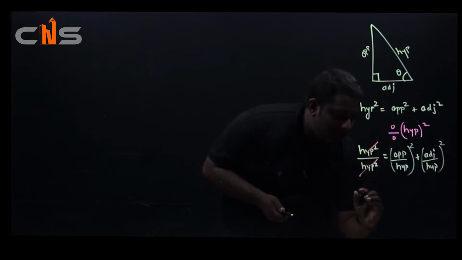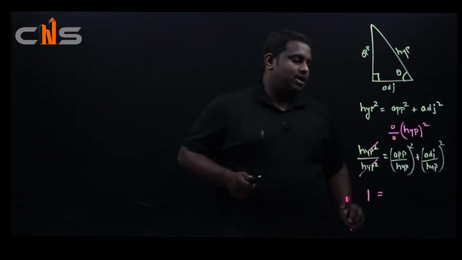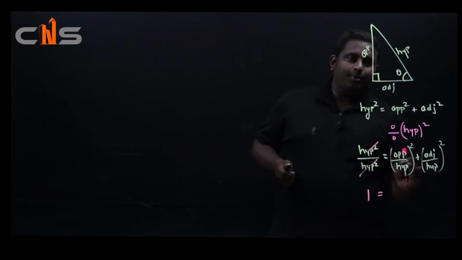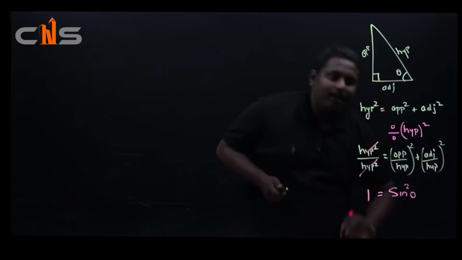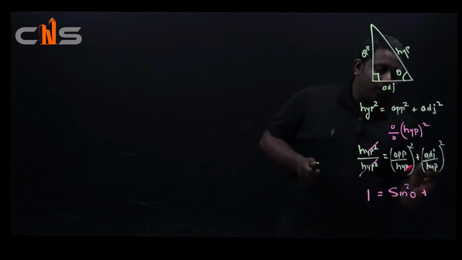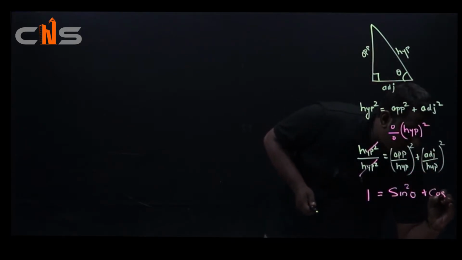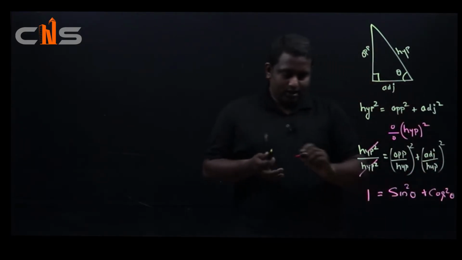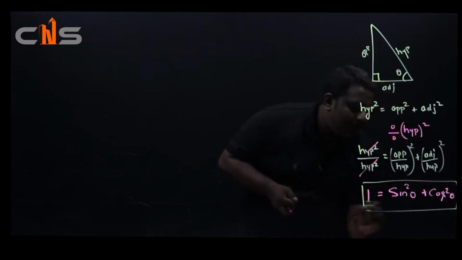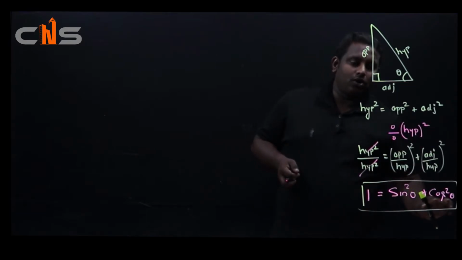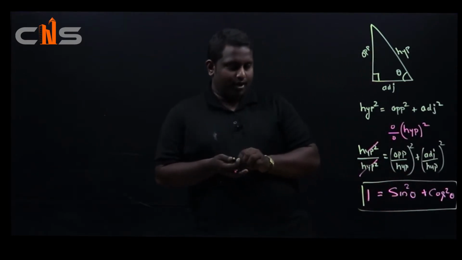This gets cancelled. 1 equals, what is opposite by hypotenuse? Yes, you are right, sine square theta plus, what is adjacent by hypotenuse? Yes, cos square theta. This is a very important identity: sine square theta plus cos square theta equals 1.